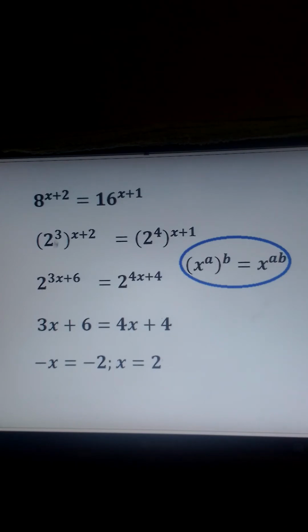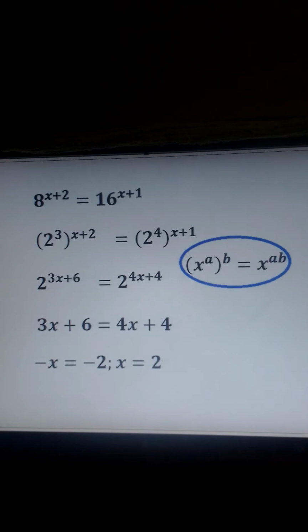So that is 2 raised to 3 times x is 3x, 3 times 2 is 6. So it is 2 raised to 3x plus 6 is equal to this one here. We can multiply the powers: 4 times x is 4x, 4 times 1 is 4. So it is 2 raised to 4x plus 4.